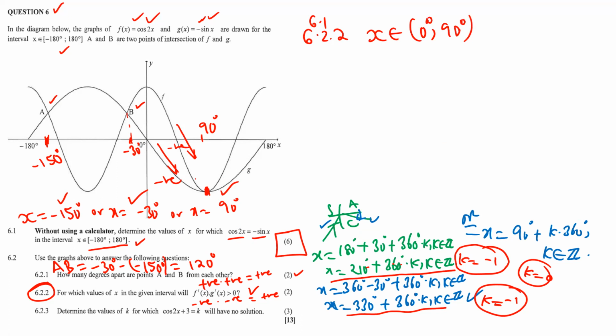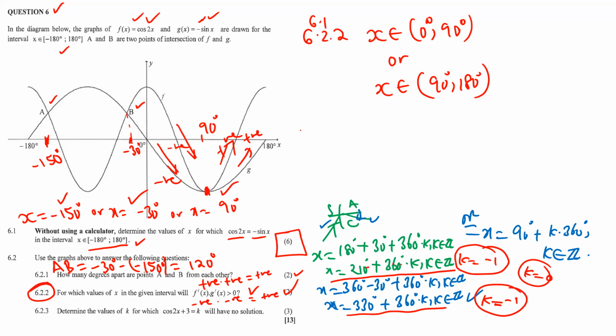Between 0 and 90 degrees, the slopes are both negative. So you have negative and negative, which is positive. Or x is an element of the interval 90 and 180. Here, the slopes are both positive. Both functions are sloping up.